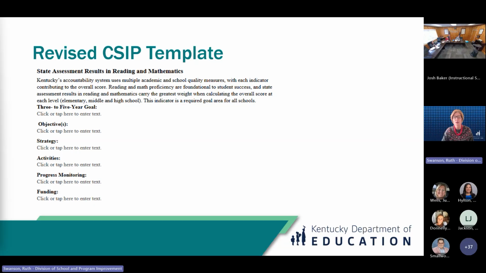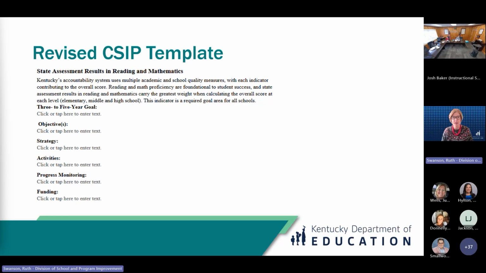So we've talked about how these things should show up in your CSIP. And so on the screen now is a screenshot of what that goal building template looks like. It includes reading and math, and it includes achievement gap as those two required areas. That may be the only two areas that you need to address in order to support your TSI plan, especially in the achievement gap area.